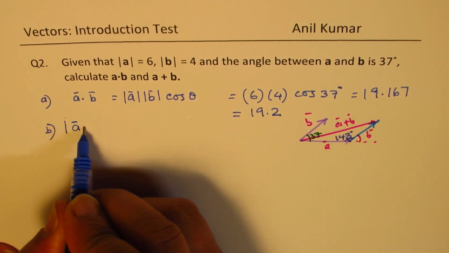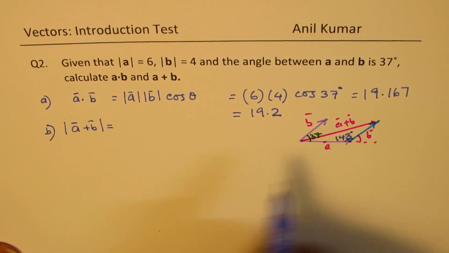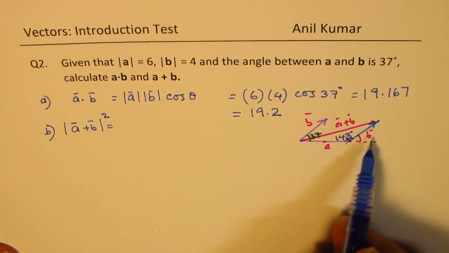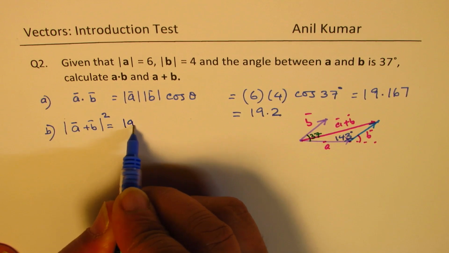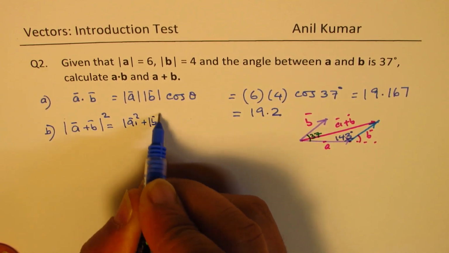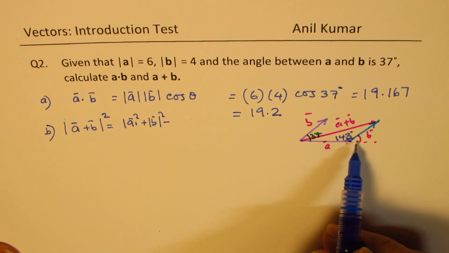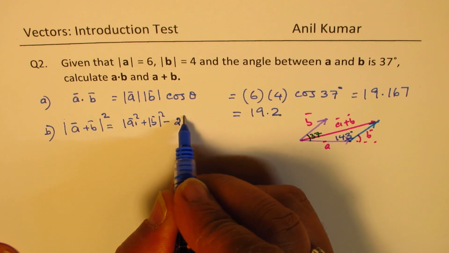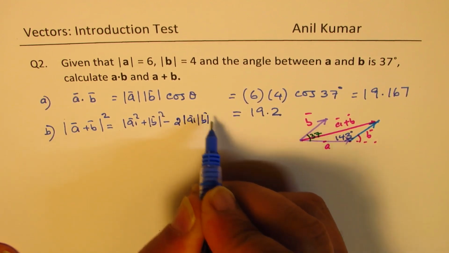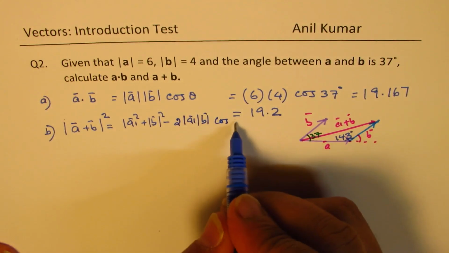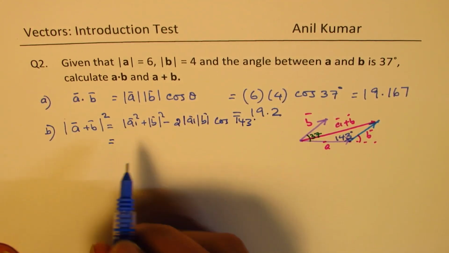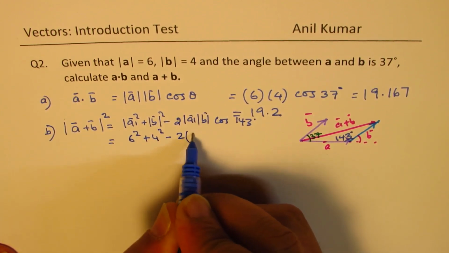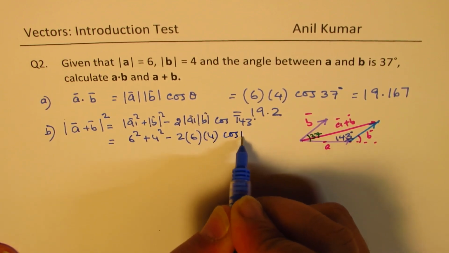So let's first calculate the magnitude of A plus B, which is going to be the square root of magnitude of A squared plus magnitude of B squared, minus 2AB cos of this angle, right? So minus 2AB cos of the angle 143 degrees. Clear? So in this case, it is going to be 6 squared plus 4 squared minus 2 times 6 times 4 times cos of 143.